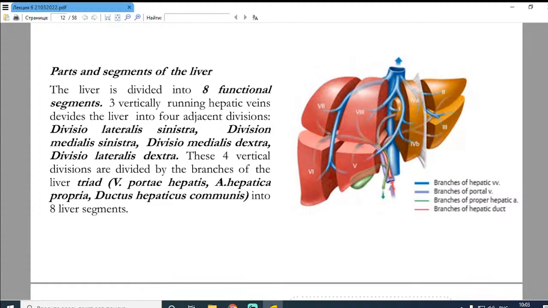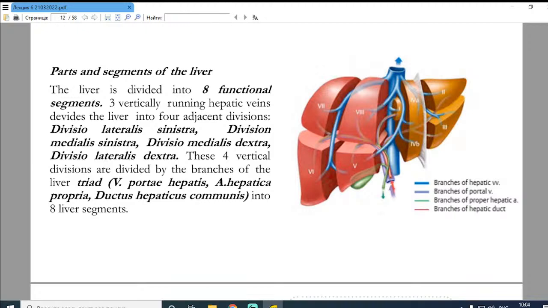Three vertically running hepatic veins divide the liver into 4 adjacent divisions: divisio lateralis sinistra, divisio medialis sinistra, divisio medialis dextra, and divisio lateralis dextra.